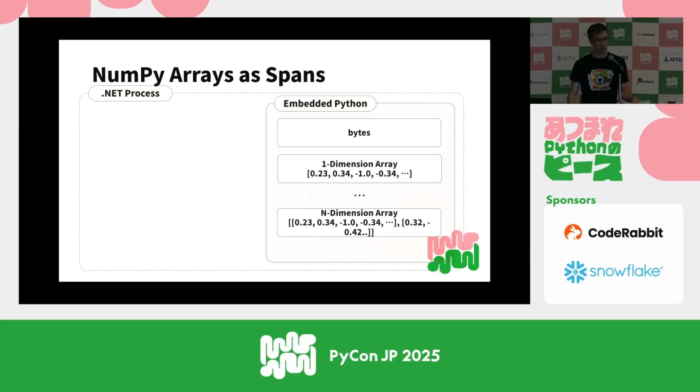So what we've done with CSnakes is if you've got a NumPy array, or you're working with large data, especially with matrices, then it basically exposes them as something called a span, which is basically a safe pointer. So in .NET, if you're doing training and stuff like that, we actually give you a typed pointer into the memory inside the NumPy array.